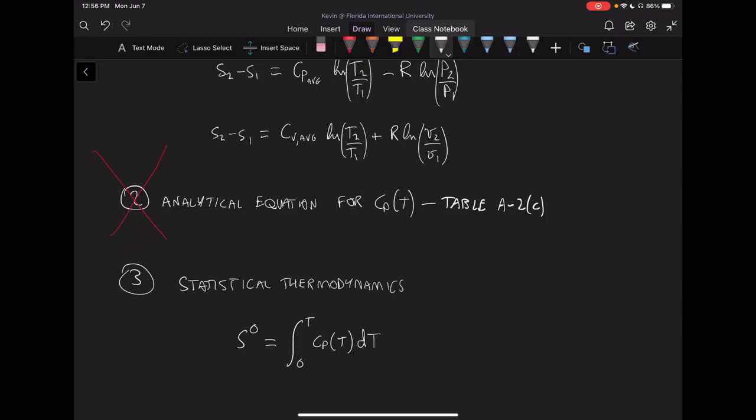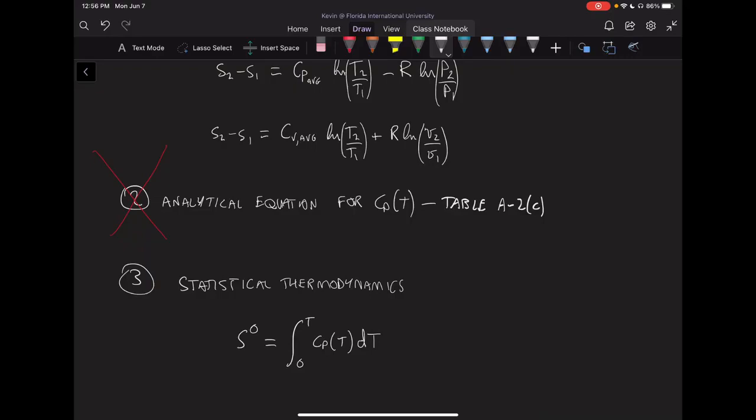So instead of having the equation Cp average ln of T2 over T1, we can now use S2⁰ minus S1⁰ of the value.